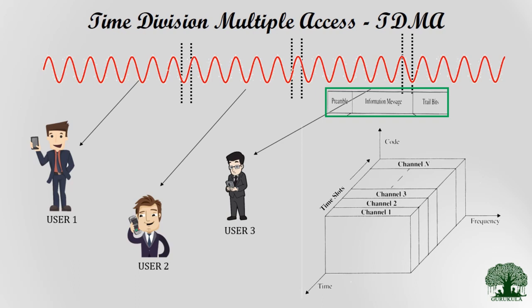This problem is overcome in the TDMA technique, because there are no restrictions on the frequency band. He can use a wideband signal, so the entire frequency spectrum can be utilized by one single user at a time. But the problem is that he can use the entire spectrum only for a particular period of time.